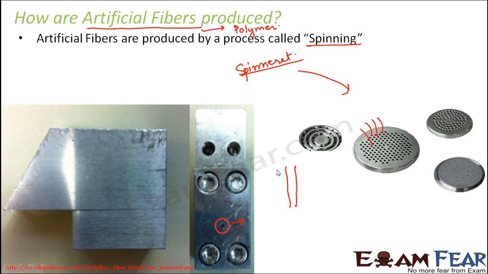You see there are many different types of spinneret available. Here also you can see they are all of different types. Depending upon the type of the spinneret used, the type of the fibers formed differs. So this is briefly how the process of production of artificial fibers takes place.